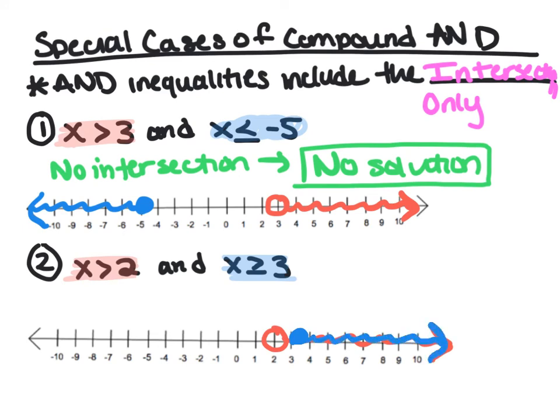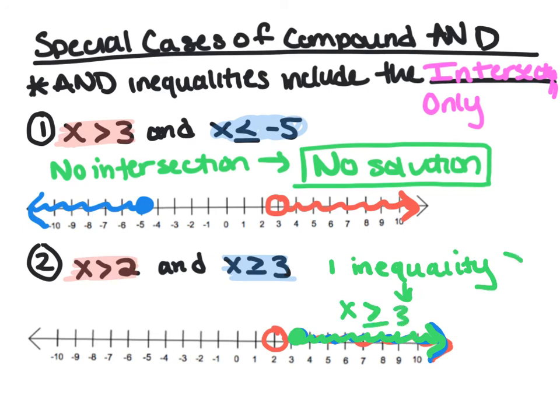Now, since I'm only talking about the part where it intersects, it's only where the red and the blue cross, which would be essentially the graph of the blue. So my answer here is just one inequality, and if we're to write it, in this case, it would be x is greater than or equal to 3.